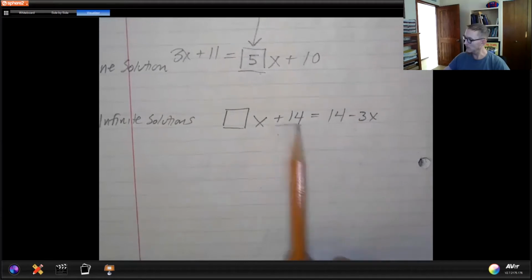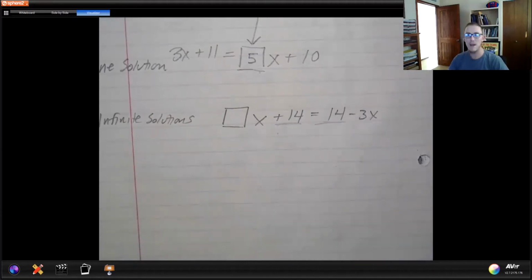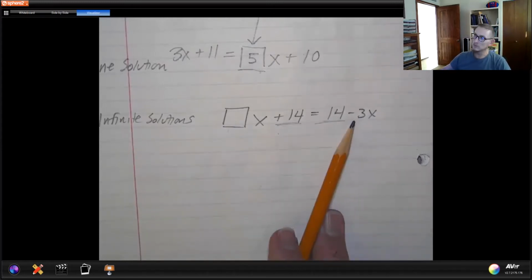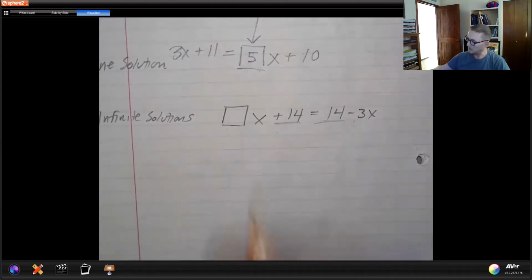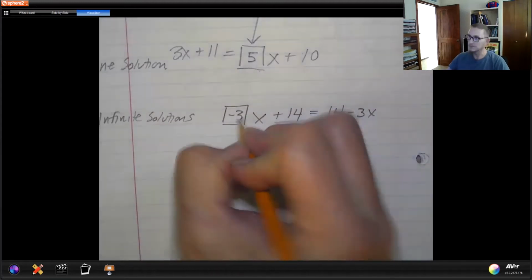Well, already you see that the numbers match. So the only thing I have to do now is put a number inside that box that will allow the x's to cancel out. In order for that to happen, it has to be the exact same number. So if I have a negative 3x here, in this box right here, I'm going to put a negative 3.